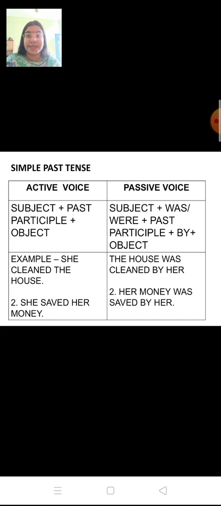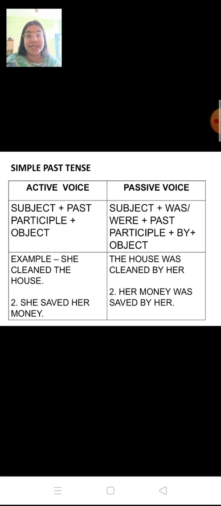Let's see another example. She saved her money. This is in active voice. Now we have to change this into passive voice. What do we have to do? See the sentence carefully. Here, she saved her money. With money, we also have her. So we are going to use her money as the object in the active voice.